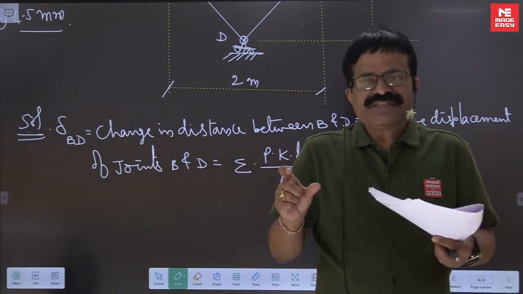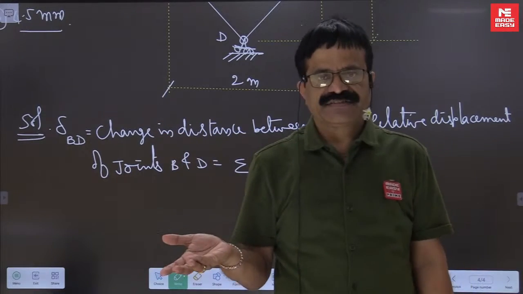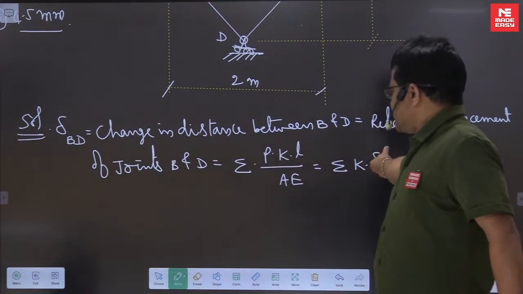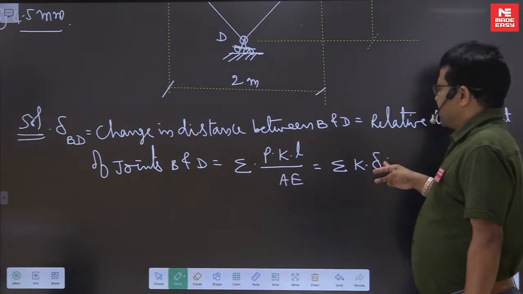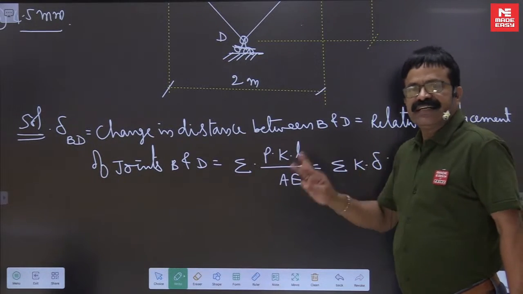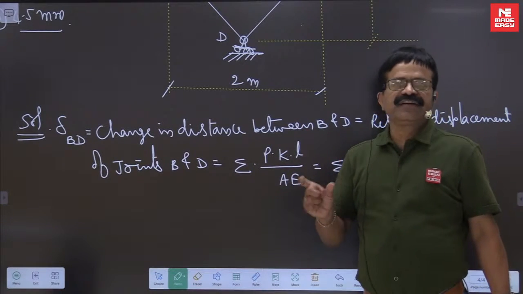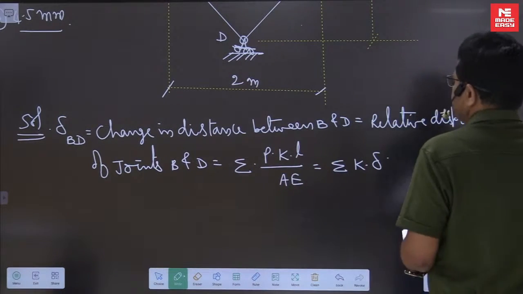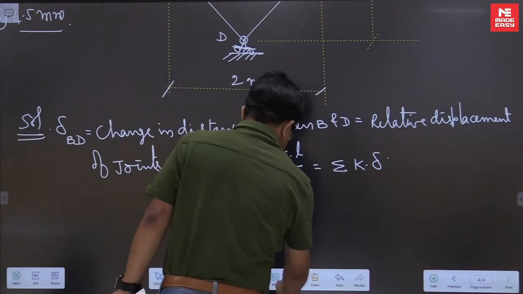If a member is fabricated 5 mm too long, take it as elongation. So in this expression, delta can be due to applied load, PL by AE, due to temperature changes, alpha TL, or due to fabrication error or lack of fit. Now we have to take delta for 4 members.